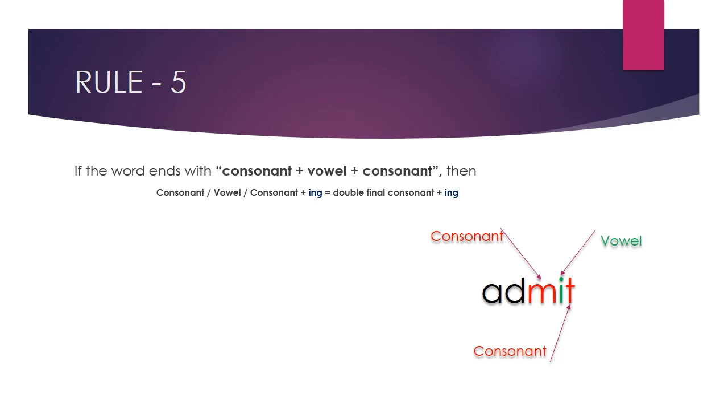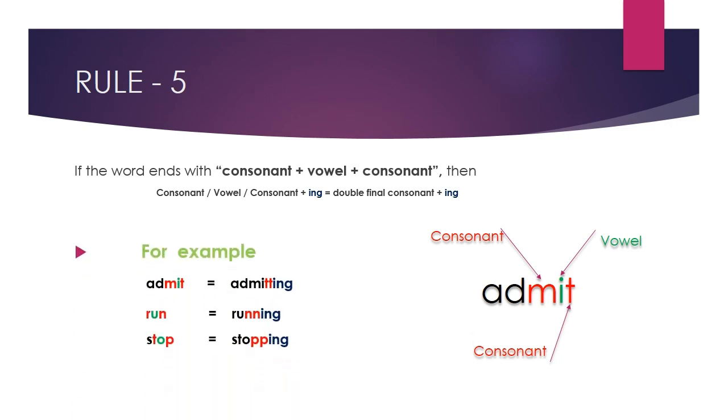In the word admit, letter M is a consonant, letter I is a vowel, and last letter T is a consonant. By adding ing tag to it gives you admit plus ing is equal to admitting, run is equal to running, stop is equal to stopping.